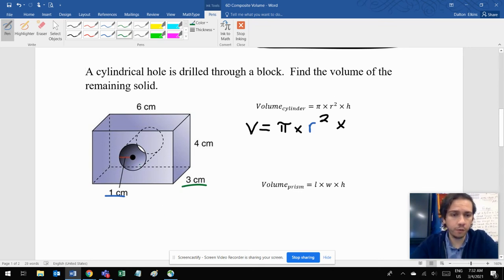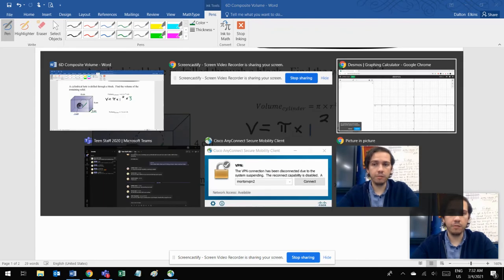The height is also 3. If I follow this out, this is going to be the exact same length as this distance here. You can visually see these are essentially the same distance. So I'm going to do pi times 1 squared times 3, and that will be my volume here.